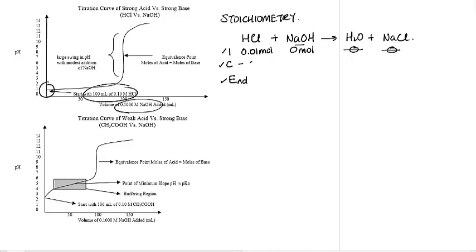So we go minus 0 moles, minus 0 moles, plus 0 moles, plus 0 moles. And we end up with 0.01 mole of HCl, 0 moles of NaOH, 0 of the H2O, and 0 of the NaCl.